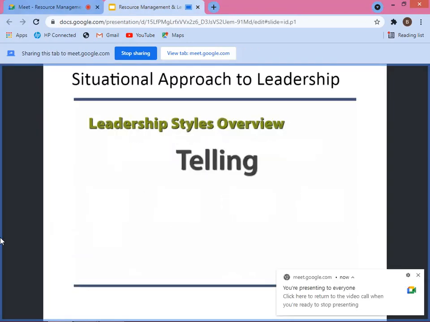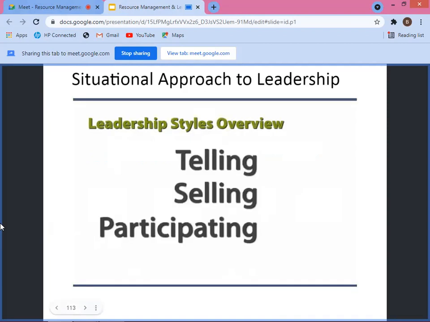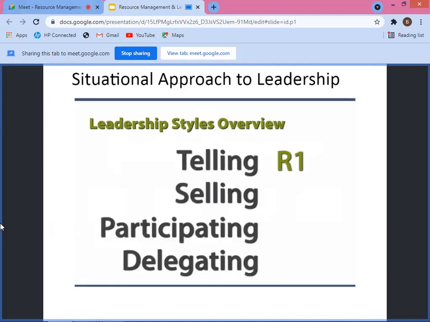So in terms of telling, selling, participating, and delegating, you utilize the telling for R1 employees. For R2, you utilize selling.